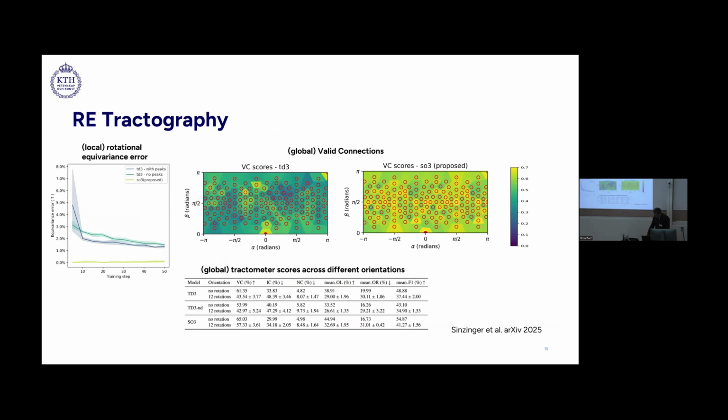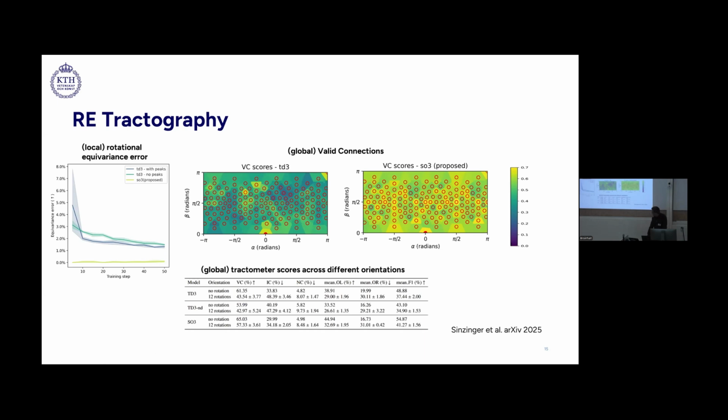If we just apply this change, we can see here the error, the angular error of this stepwise prediction. With training, it goes down a little bit to, let's say, 2% of the deviation of the vector.